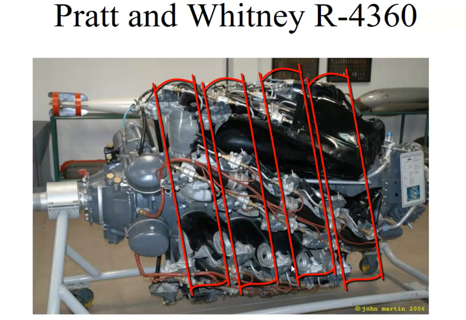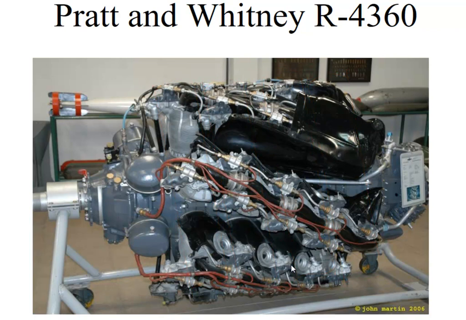Here's an engine, the R4360, which is essentially a seven-cylinder radial engine, but four of them stacked one behind the other. So four banks of seven, 28 cylinders, 4,360 cubic inches. Imagine having to change the spark plugs on that one. And yes, there's two on each cylinder, so that makes 56 spark plugs that you'd have to clean on this one.